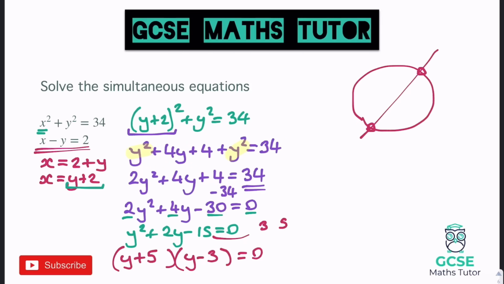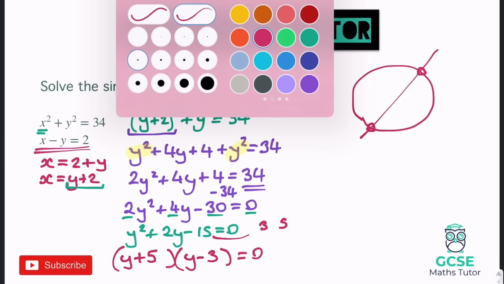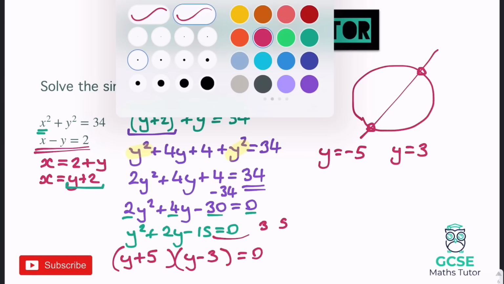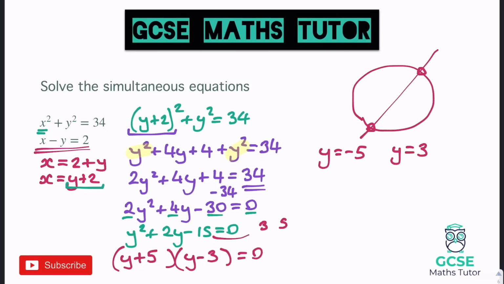So we've got two solutions going on here. Obviously it's just these numbers in the brackets, but flip the symbols. So we've got y equals negative 5, and we've also got y equals 3. So there's our two y solutions. We now just need to find our x solutions. Now we've got a nice little formula that we made right at the start: x equals y plus 2.